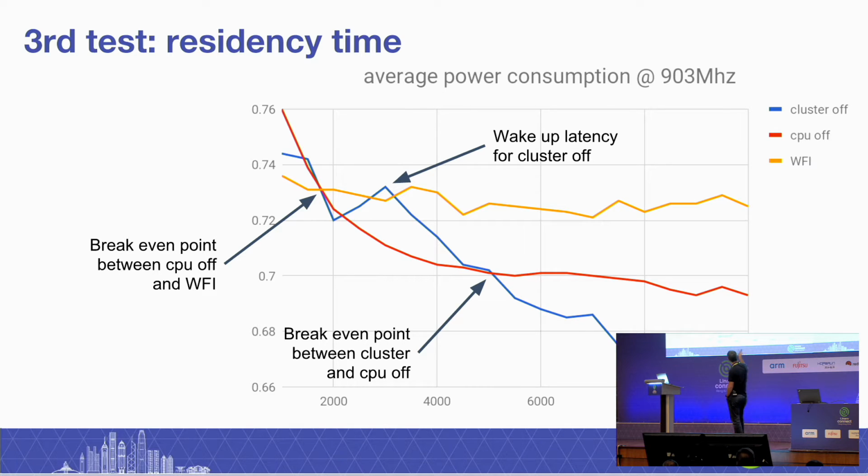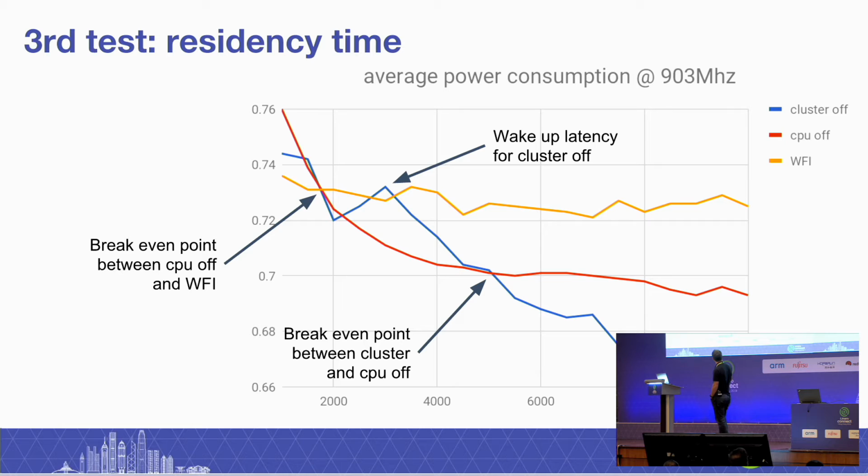So the orange one is the WFI. You can see that it's quite stable. Waking up doesn't have a huge impact. The red one is for CPU off. So we can see that when we use really short period, the power impact starts to increase exponentially. And the blue one is for the cluster off.